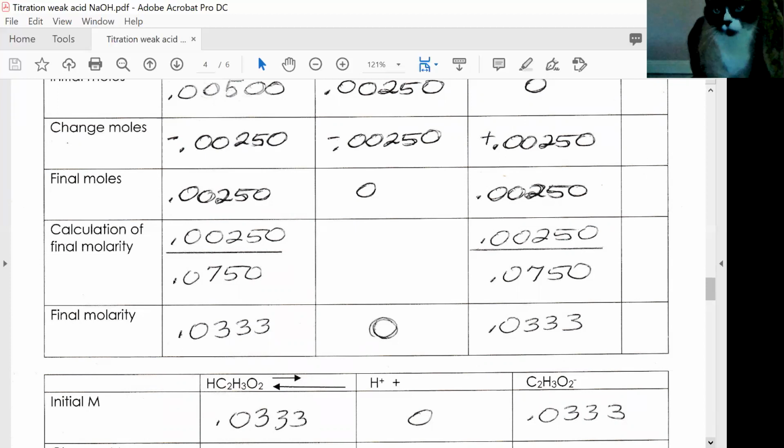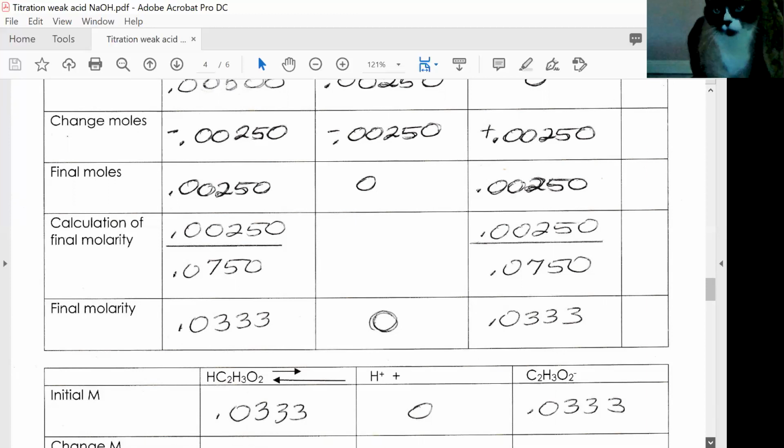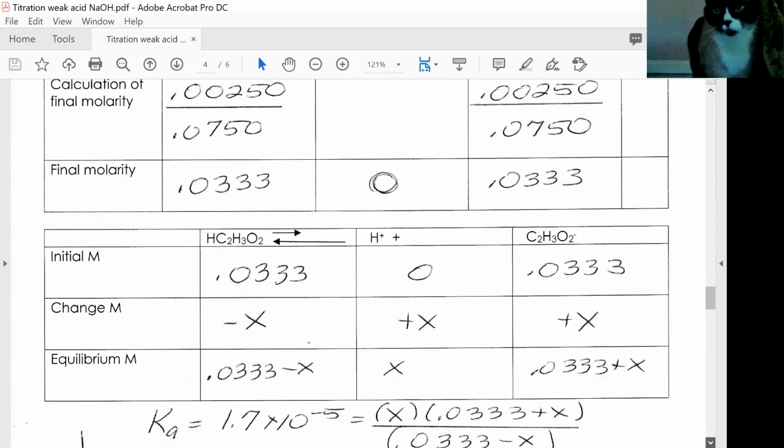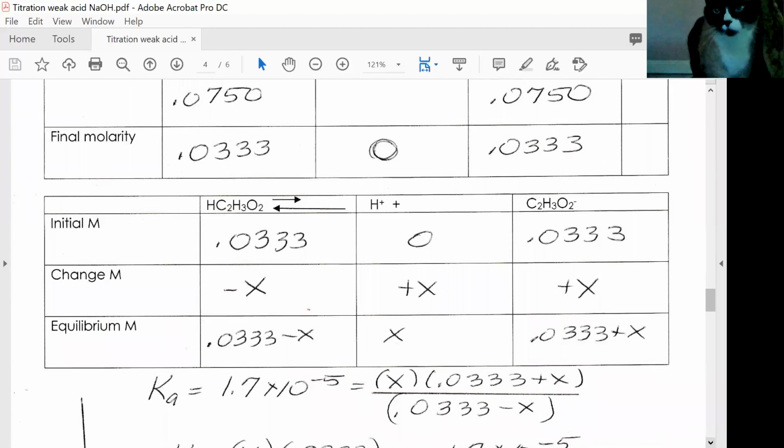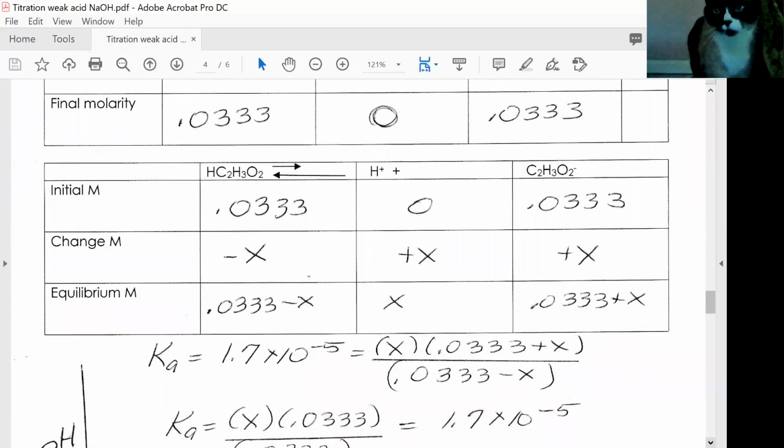Our final molarity is 0.0333 molar acetic acid, 0.0333 molar acetate. So this is our stoichiometry table. We do this first. After we have our final molarity, we use that to fill in our ICE table. So go ahead and fill in your ICE table, initial, change, and equilibrium.